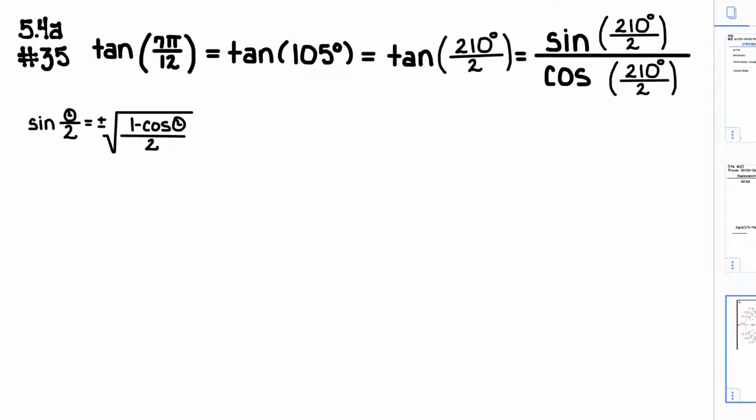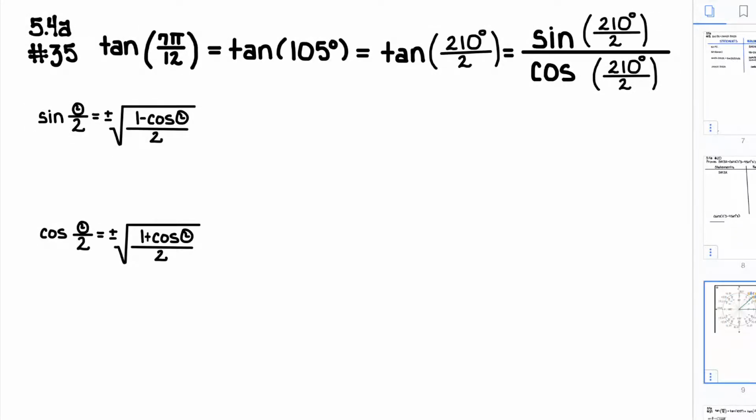The half-angle formula for sine is as follows. The half-angle formula for cosine is this. Let's go ahead and focus on finding the half-angle of sine first.